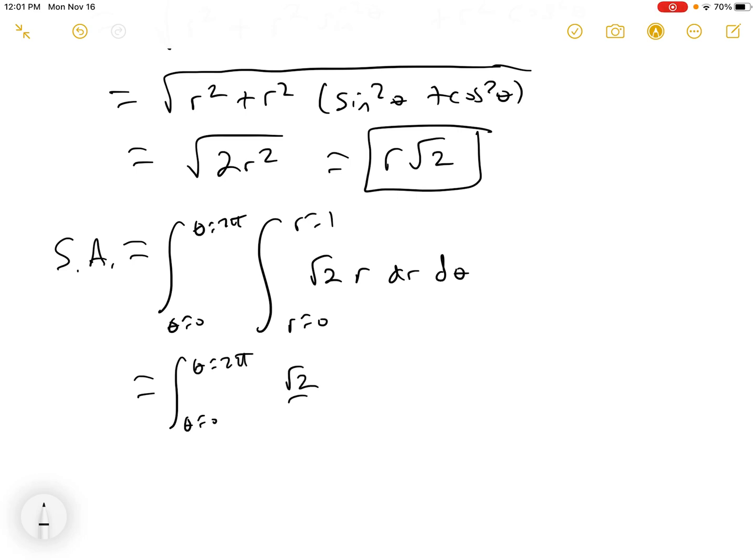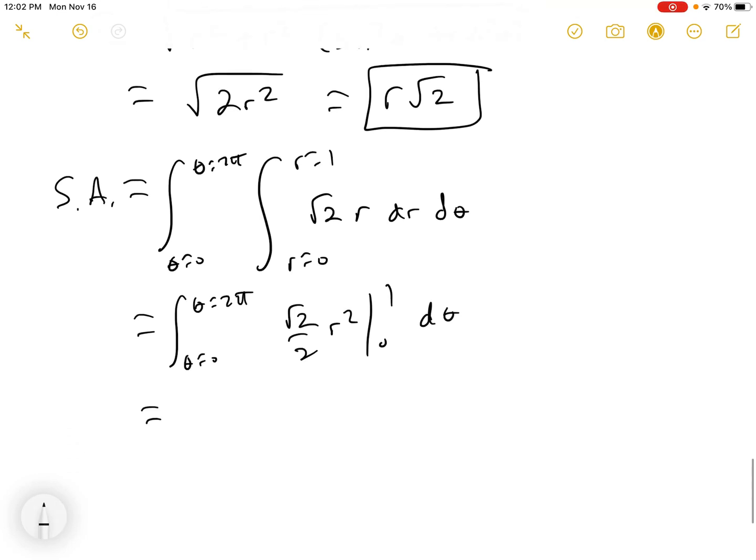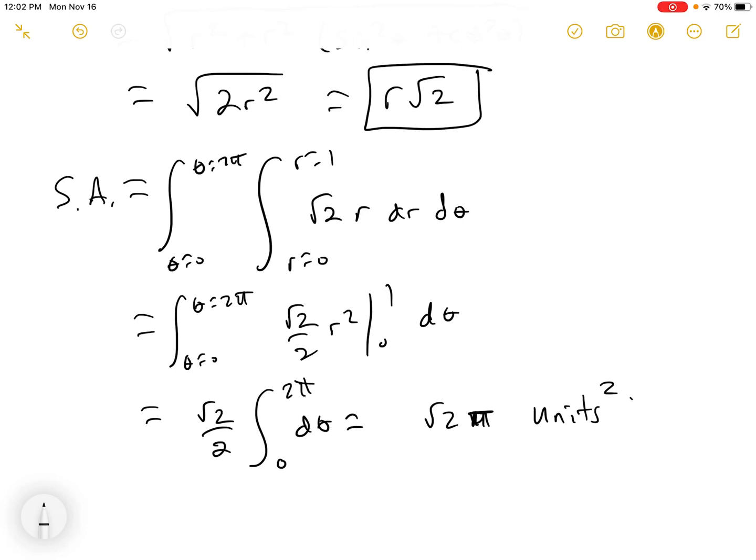So root 2 over 2 r squared from 0 to 1 d theta, which is root 2 over 2 times 2 pi, root 2 pi square units. Alrighty then, that was super fun.